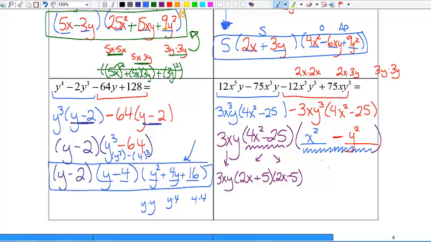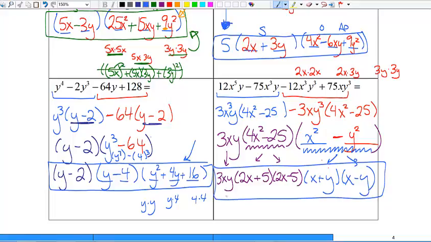And it looks like the last term is also another difference of squares. So that's going to break up into x plus y and x minus y. So although this problem started out to be a grouping problem, it turned out to also have two difference of squares in the problem, which made it have 5 factors in its prime factorization.